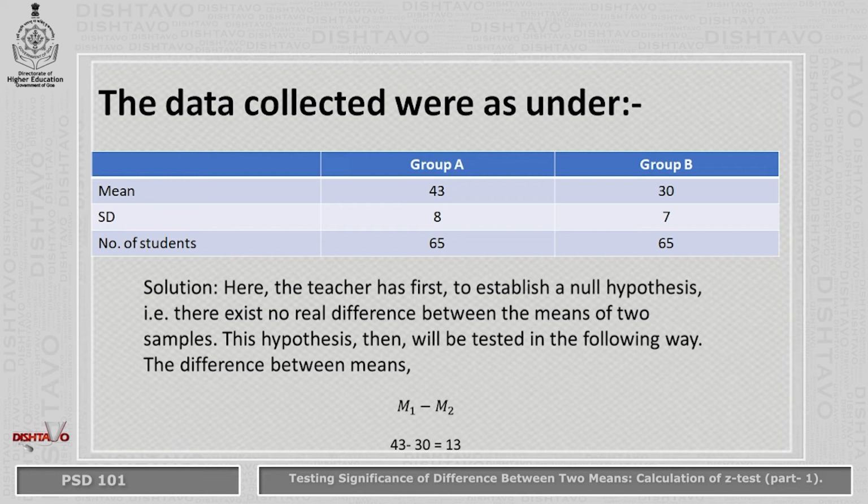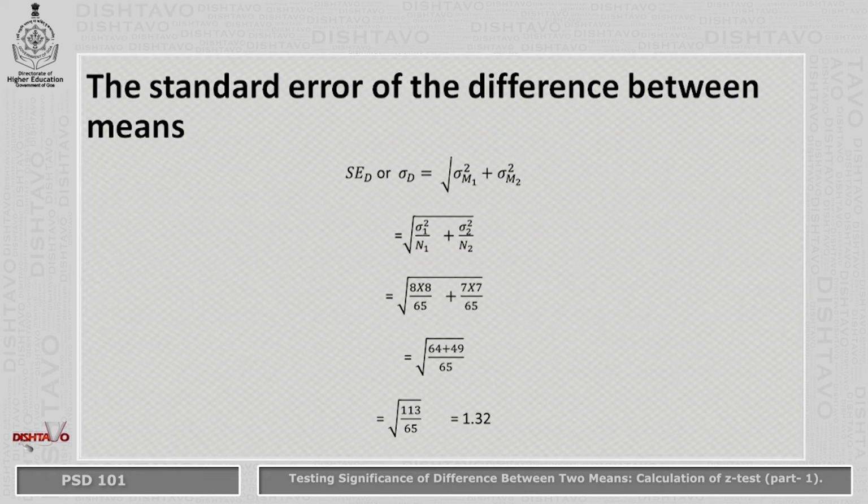This hypothesis will then be tested in the following way. The difference between the means is calculated first, that's M1, the mean of first group, that is 43, minus the mean of second group, 30, which gives you 13. Then standard error of difference between the means is calculated with the formula. So standard error of difference is equal to whole root of standard deviation of group 1 squared upon N1 plus standard deviation of group 2 squared upon N2.